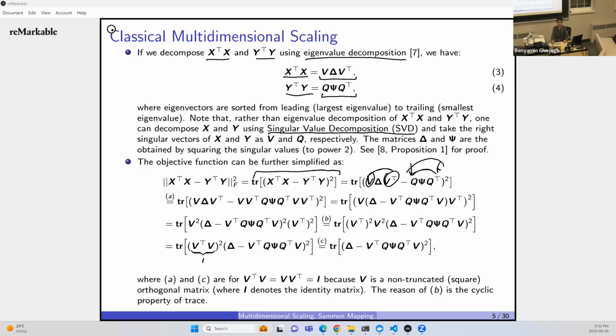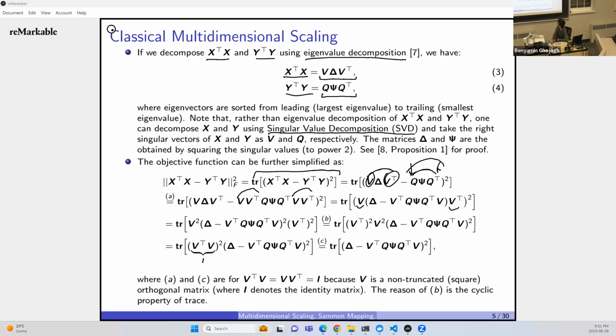I know that V is an orthogonal matrix, and therefore V transpose V is I. Therefore, I multiply by V transpose here, and also multiply by V transpose here. I know that these are I in multiplication, so they don't have any impact. This lets me factor out V and V transpose.